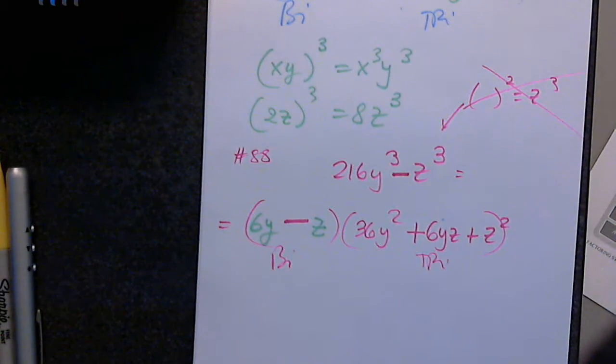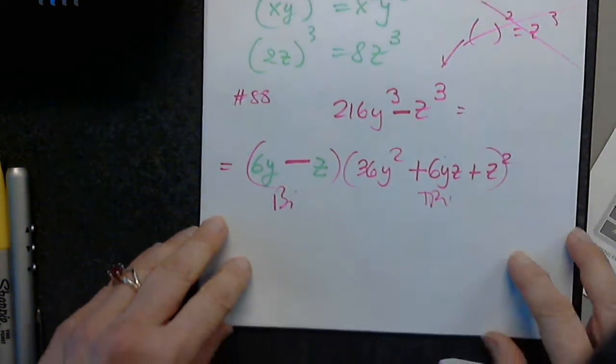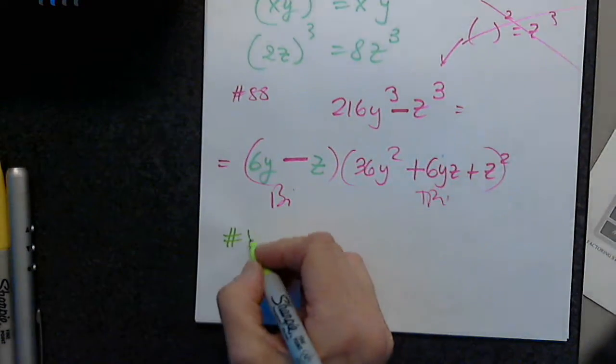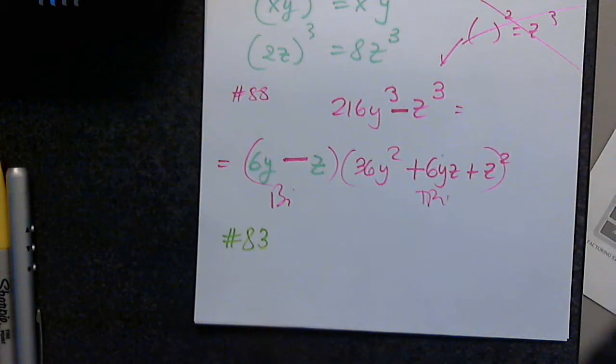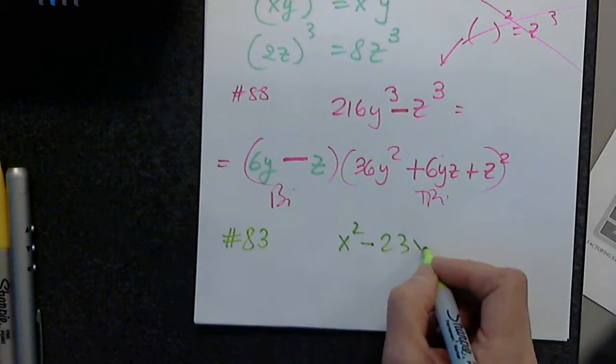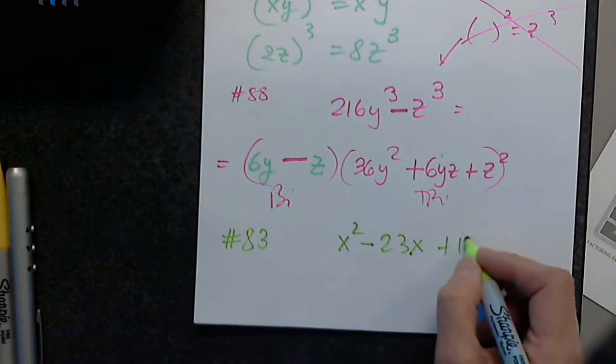Okay, now I would like to look at problems 80 through 84. Let's start with 83, 84, and then come back. Please choose from 83, 84, or I will. Okay. In 83, we have x squared minus 23x plus 120.